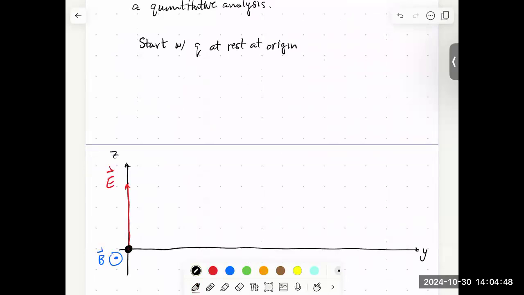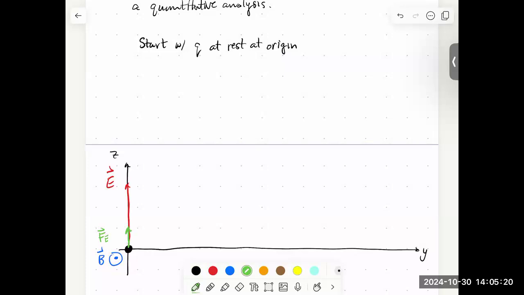So what's going to happen first? What will happen to this charge? What force will it experience? Yeah, just the electric force. The magnetic force will be 0. Why is it 0? Yeah, because the magnetic force is V cross B, and if we start at rest, V is 0, and so it's not moving. So the only force acting on our charge at this moment is the electric force, and so we'll indicate that like so. Okay.